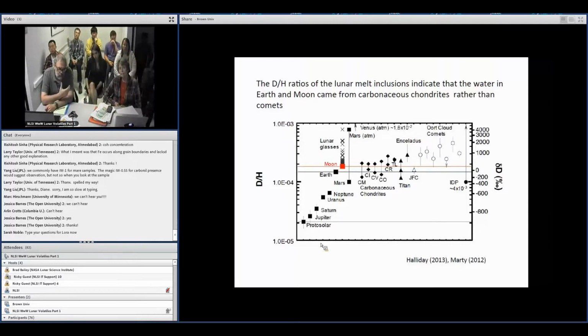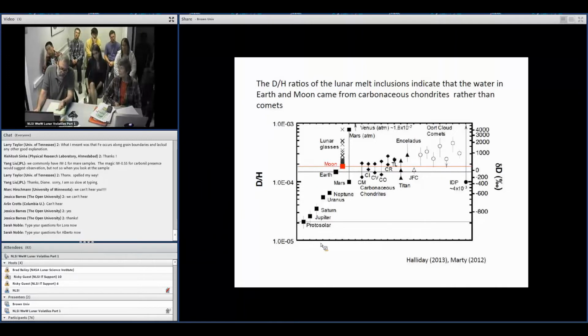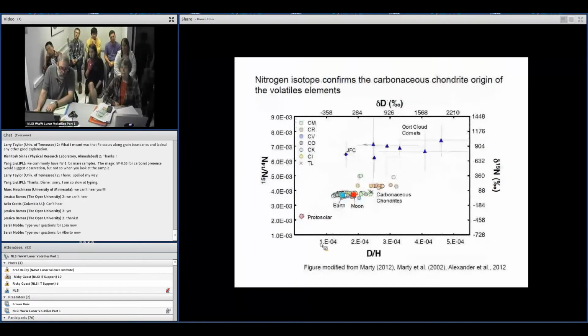Also, the budget for the Earth, depending on who we believe for the water content, compared to the moon, could be a factor of 5 to 10 lower for the moon. So it could easily indicate that we didn't essentially sample the most primitive values for the moon, or that the moon has lower water and slightly higher DH than the Earth, but not significant compared to the whole variation, and certainly is not related to Oort cloud comets.